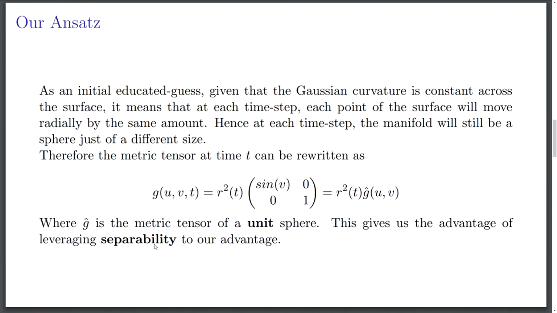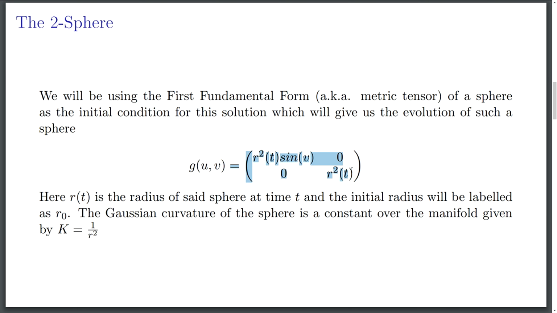So, our ansatz. Let us start. We need to find a solution to this differential equation, being the matrix G, which is a function of u, v, and time. Now, for a sphere, as we saw in the previous slide, it's this.